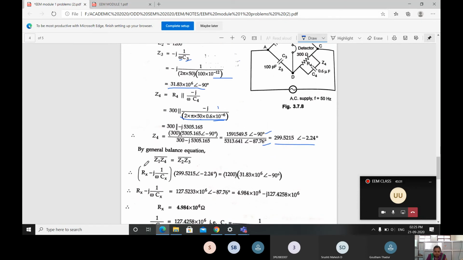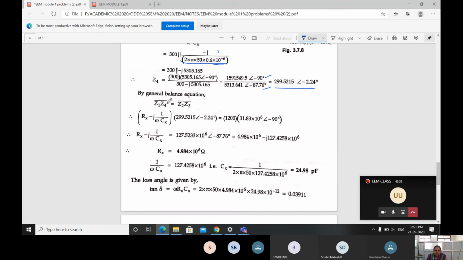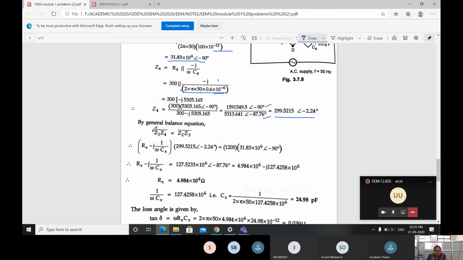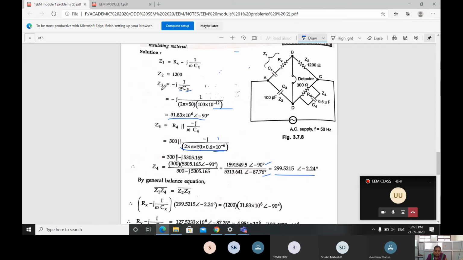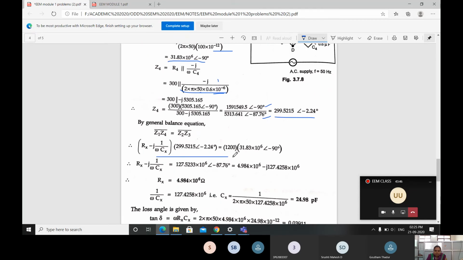Next, use your balance condition: Z1 Z4 is equal to Z2 Z3. Now what you have to do? Just substitute all the impedance values, Z1, Z2, Z3, Z4, here. Then solve for Rx minus j 1 divided by omega Cx.